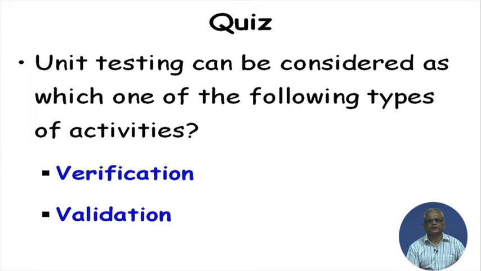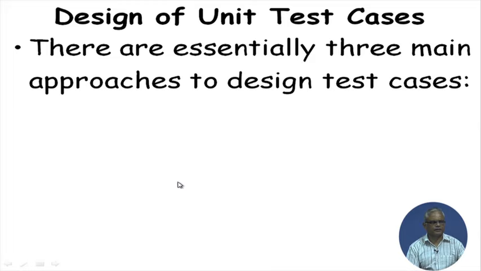So, the high level design or the detailed design, the detailed design will have the specification for this unit. So, we are checking during unit testing whether the code is written in conformance with the detailed design, and therefore, unit testing is a verification activity.